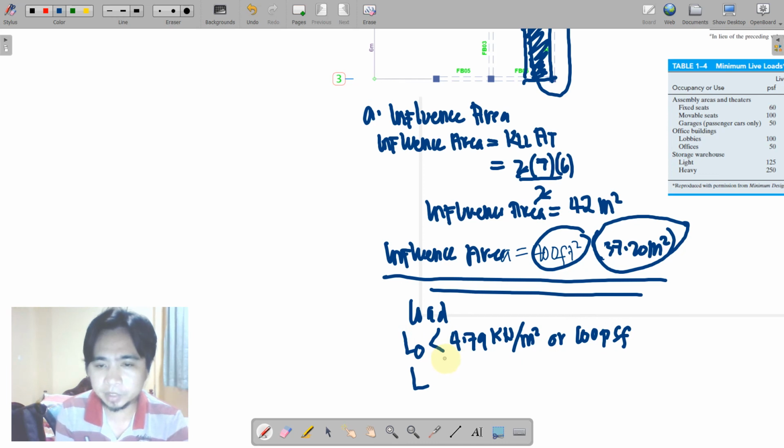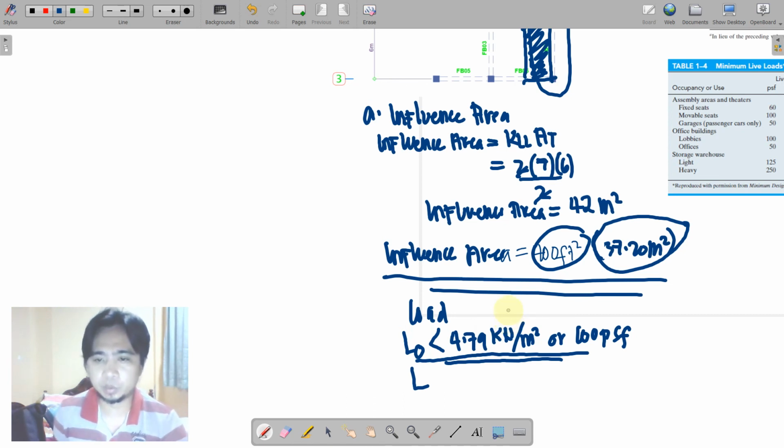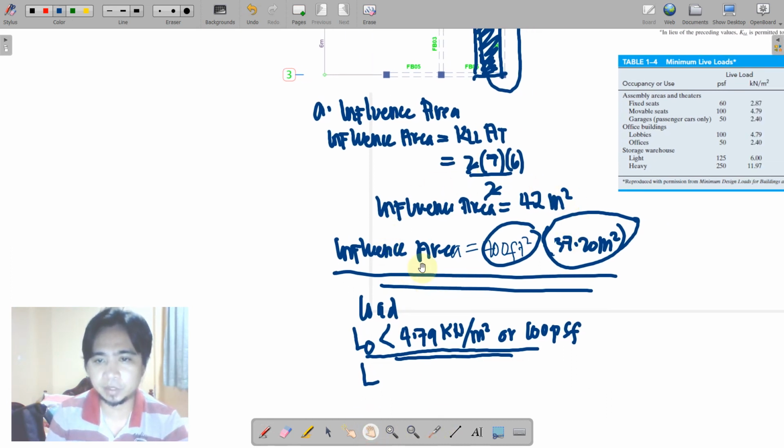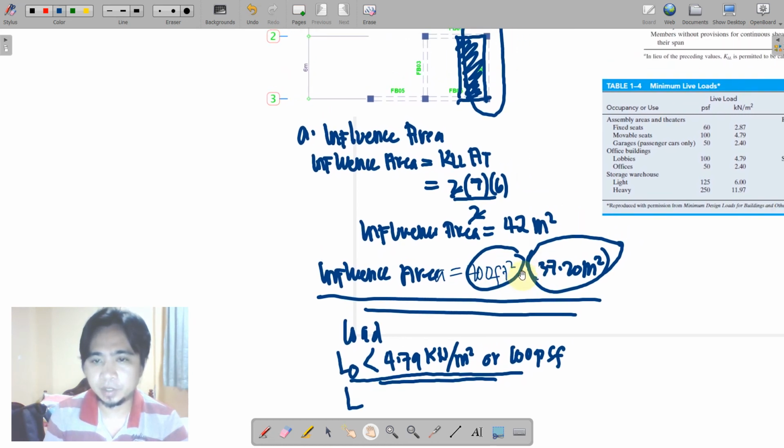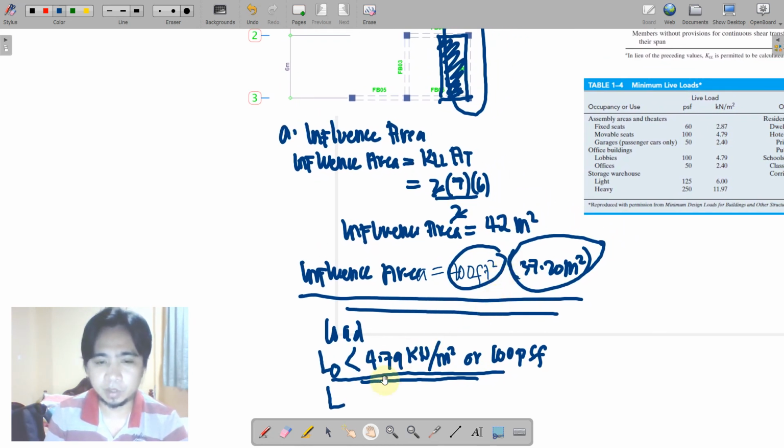Any load exceeding this cannot be reduced. So those are the important restrictions. Not every load is subject to live load reduction. These are the criteria in implementing a load reduction.